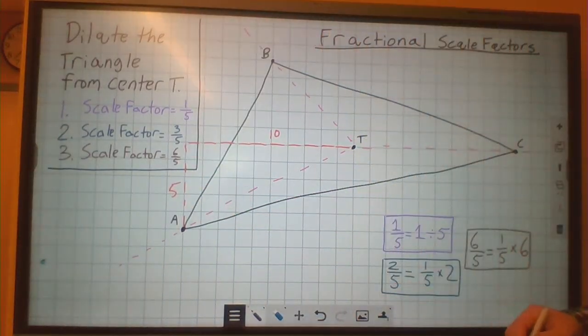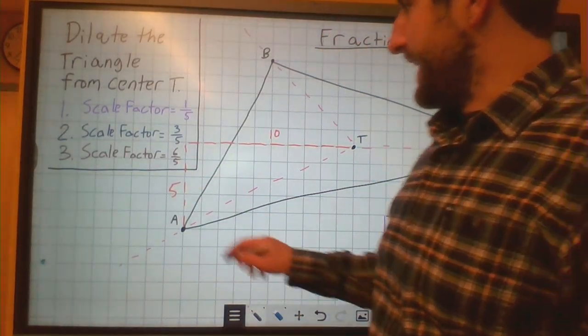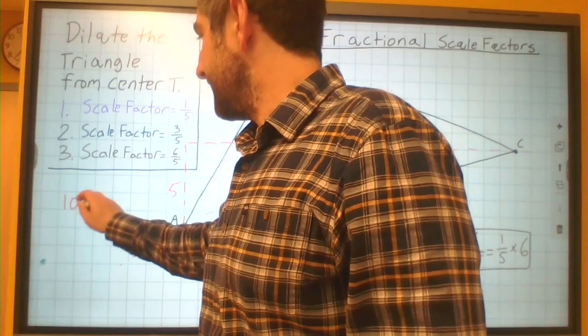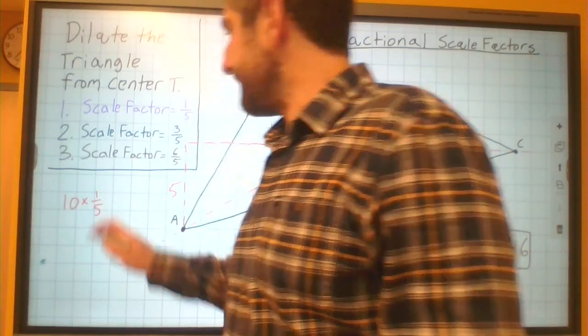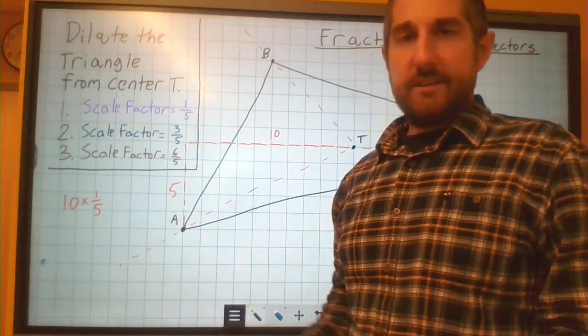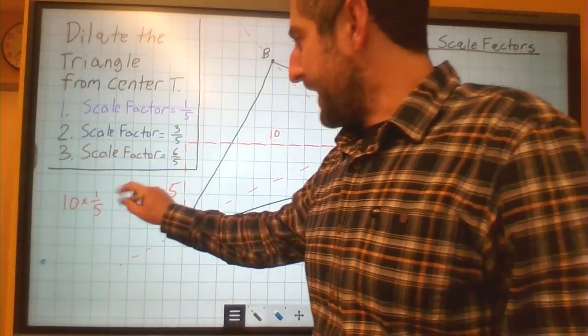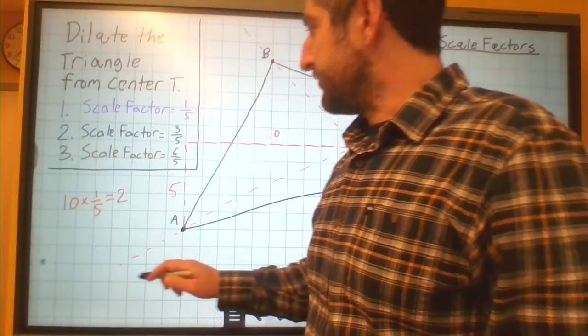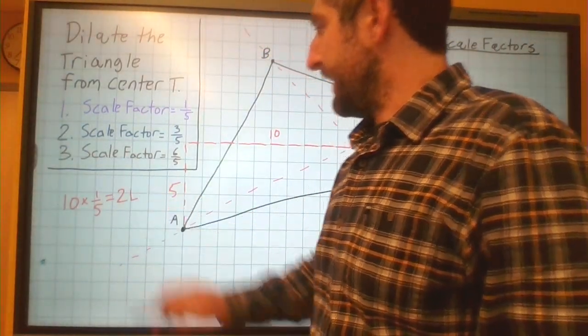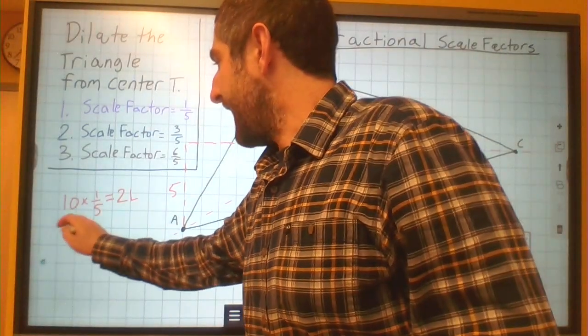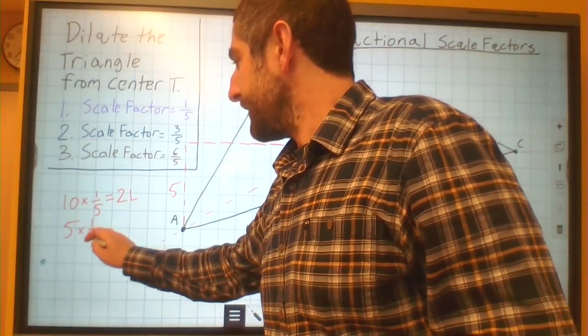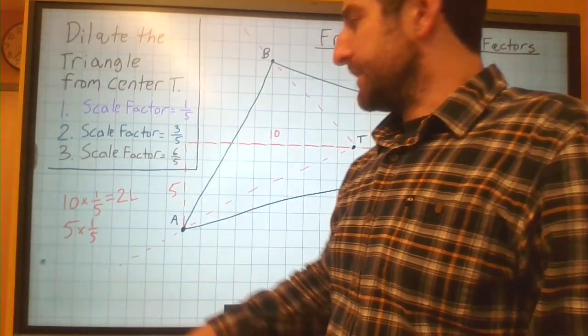So if we put that in our math, we know that 10 times 1/5. 10 times 1 is still 10. Divided by 5 equals 2. 2 to the left. Our 5 times 1/5, well, 5 times 1 is still 5.